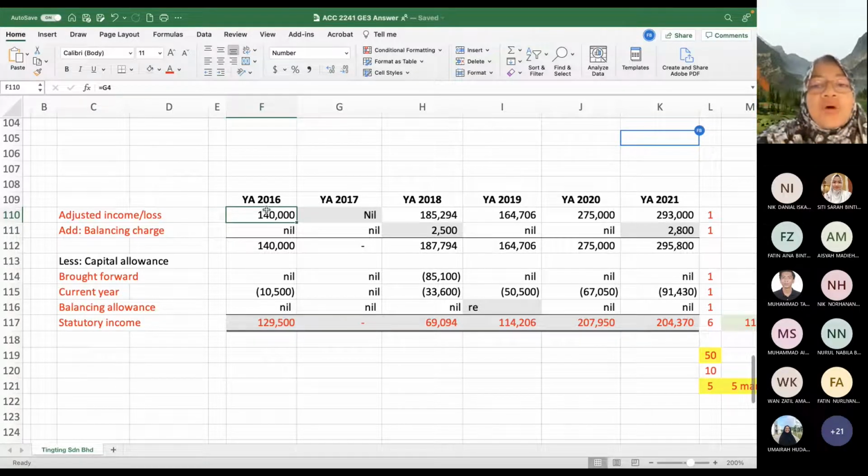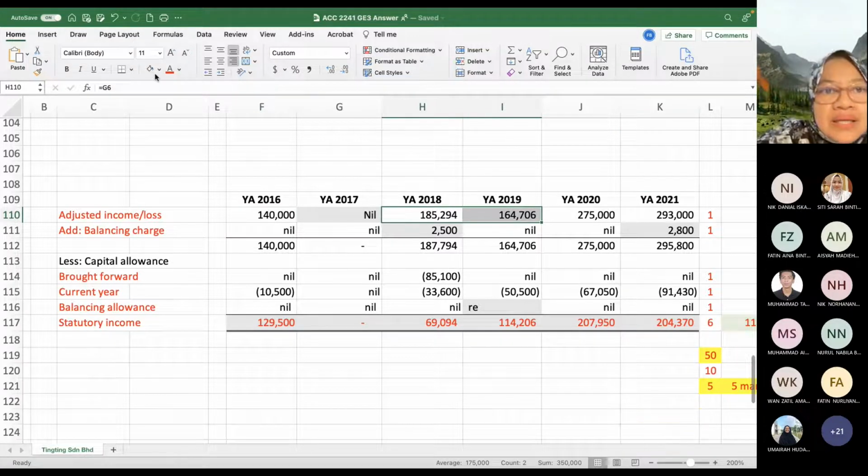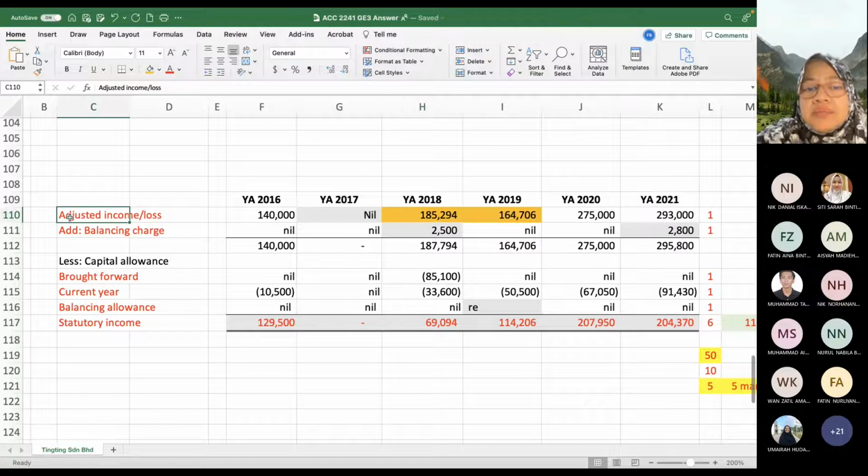You may have a wrong figure if you got the adjustment wrong at the top, so here also might be wrong. But I only give a tick for the term adjusted income here, because this is a repetition from the top, so I don't give double ticks for the same answer.